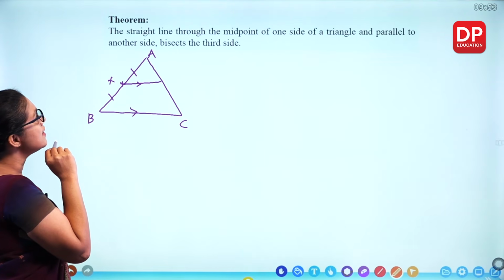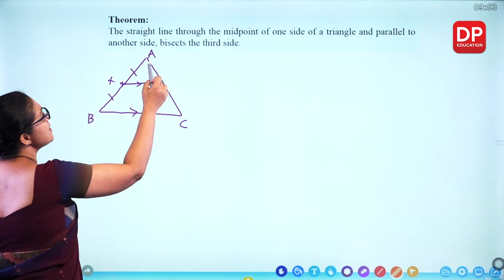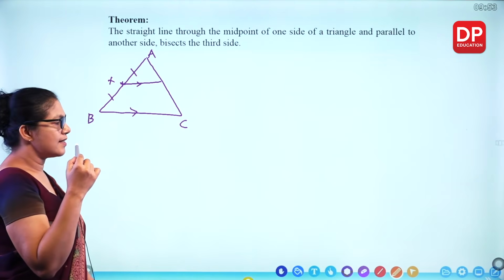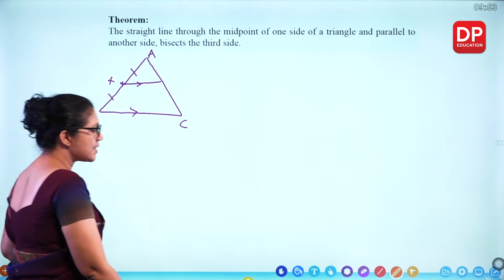It bisects the third side. Bisects means this length is equal to this length. So we'll try to prove that.